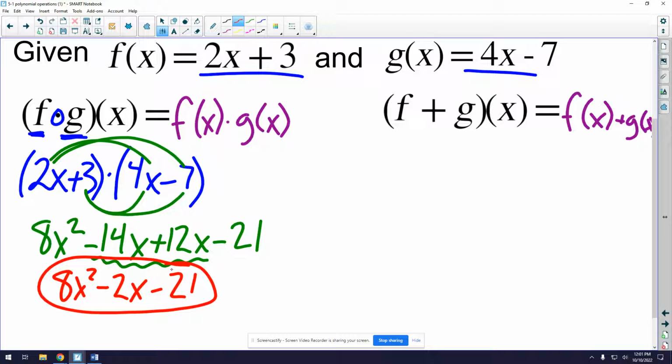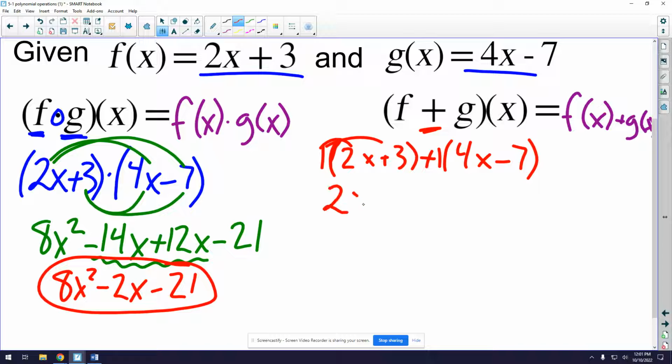In your next example, we're going to take the same functions, except this time it says we're going to add. So we're going to take 2x plus 3 plus 4x minus 7. With addition and subtraction, you do not do the FOIL method. Addition, you look in front of both of those parentheses, there's imaginary ones here. So I could distribute that one and it's not going to change anything.